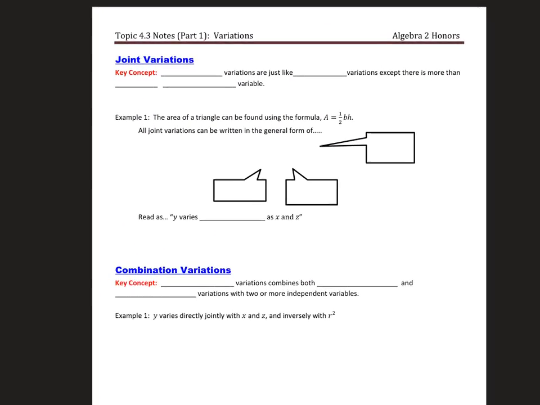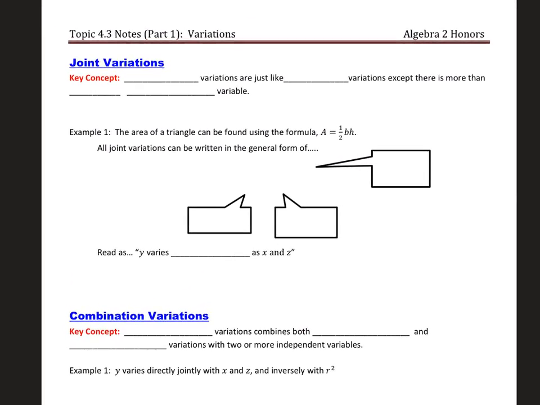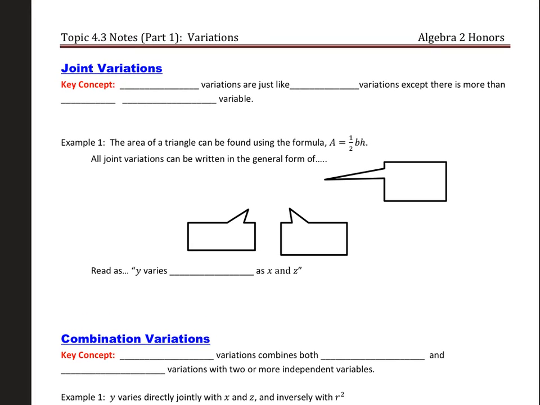And to close out this topic, I wanted to just quickly talk about joint variations and combination variations, because you could see these on a SAT question. So key concept, joint variations are just like direct variations. The only difference is that they have more than one independent variable. So an example, the area of a triangle can be found using area equals 1/2 base times height.